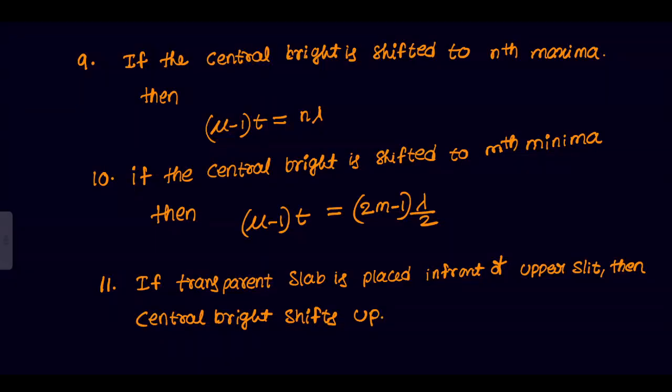If a slab is placed in front of the upper slit, the central bright will shift up. If I place it in front of the lower slit, the central maxima will shift down.